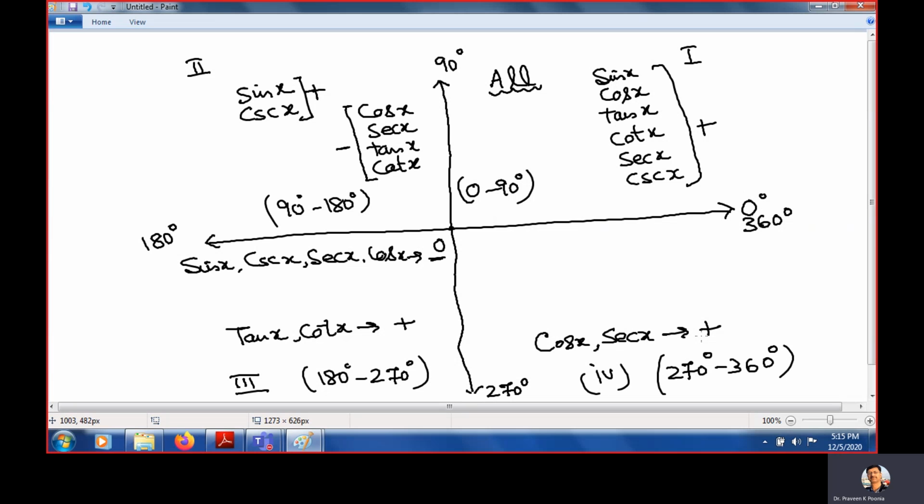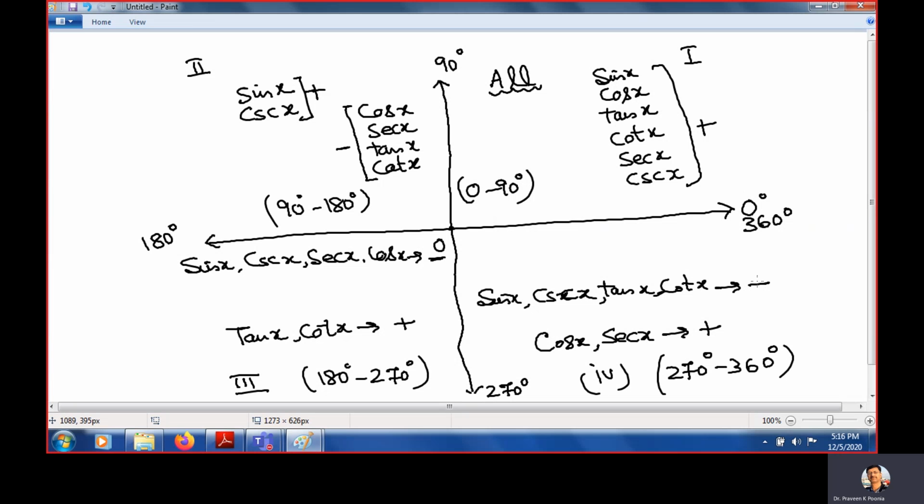ASTC: all, sin, tan, cos, like this one. Clear? So cos and sec are positive. What else? Sin x, cosec x, tan x and cot x, all four are negative in this.